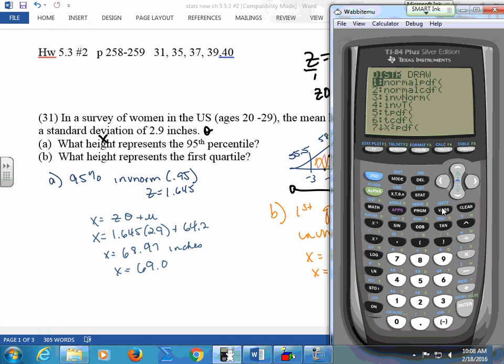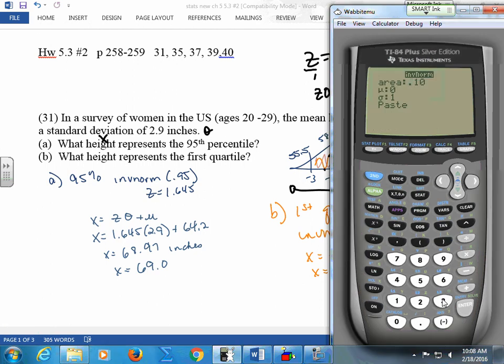Second, inverse norm. So we're pulling up a z-score. We want our area to the left to be 0.95. We paste. There's our z-score, 1.645. If you round it to 1.64, that's fine. Now, then you plug this into your formula.